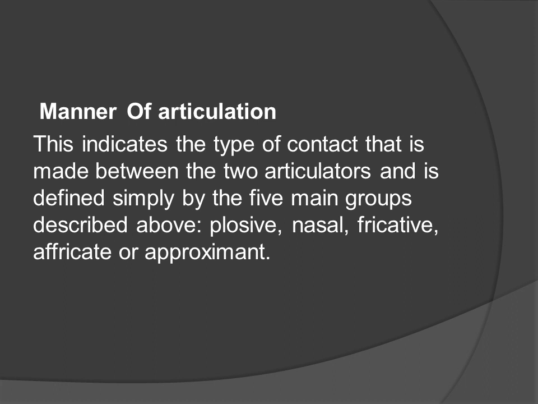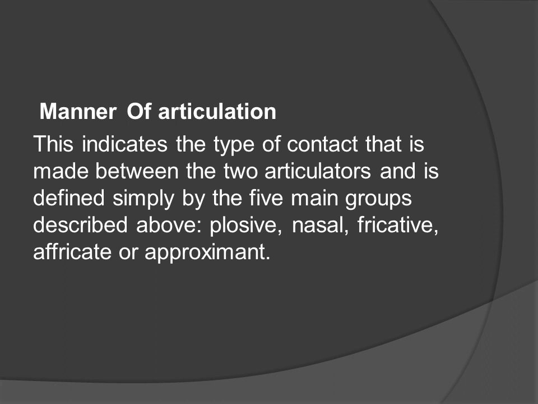But manner of articulation indicates the type of contact that is made between the two articulators and is defined simply by the five main groups: plosive, nasal, fricative, affricate or approximant.